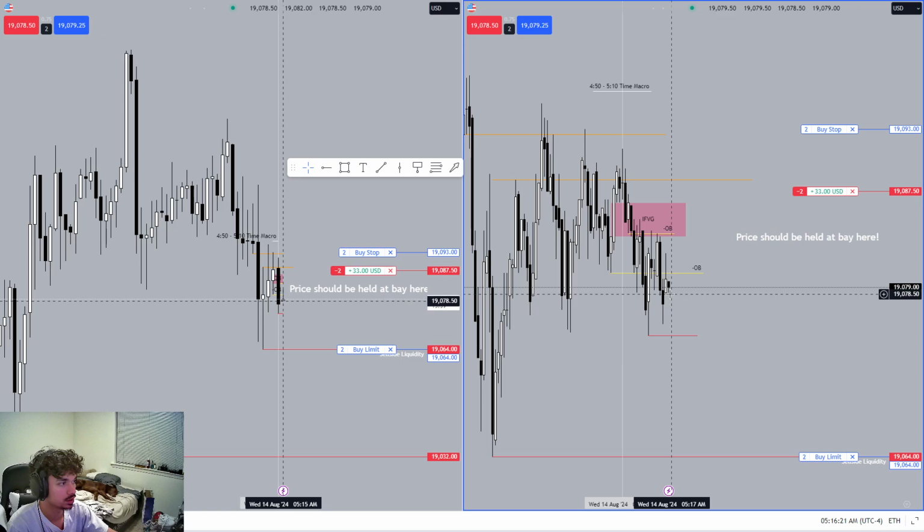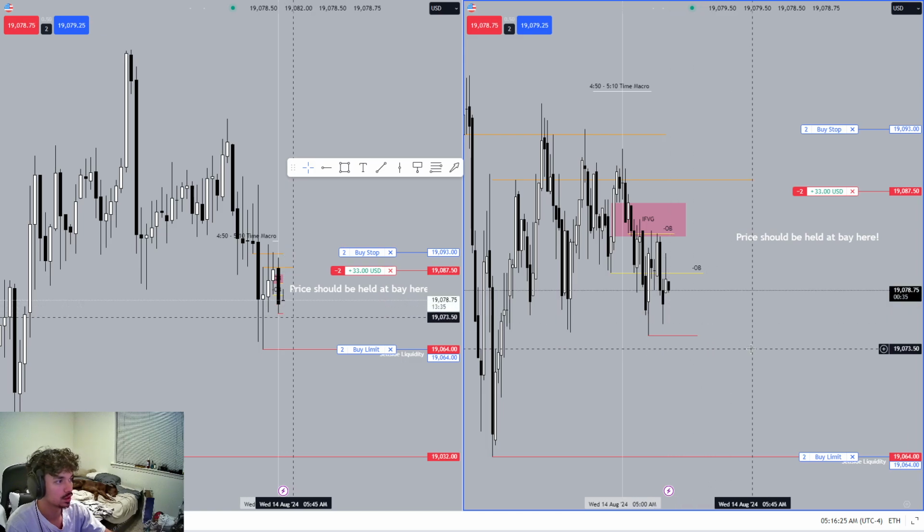That's anything beneath this candle's low right here, or the opening price. So it should happen right now. I would like to see it happen soon, but that's what I want. We'll see what the real plan is.